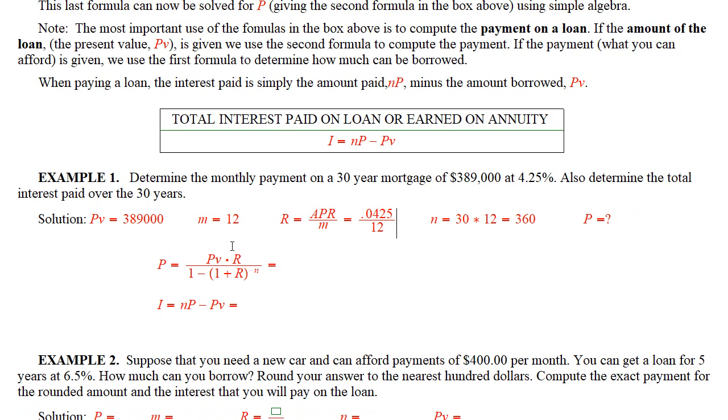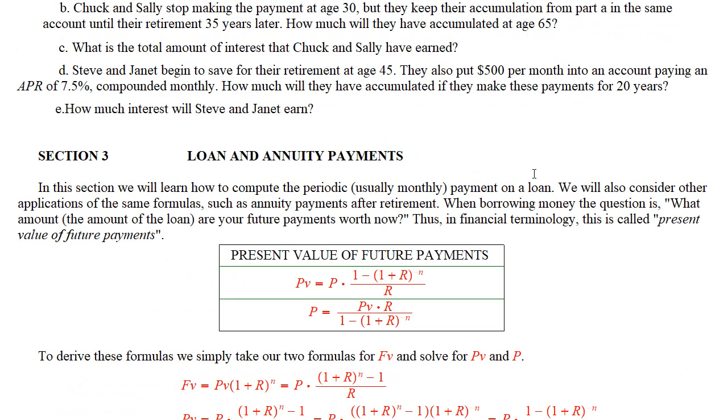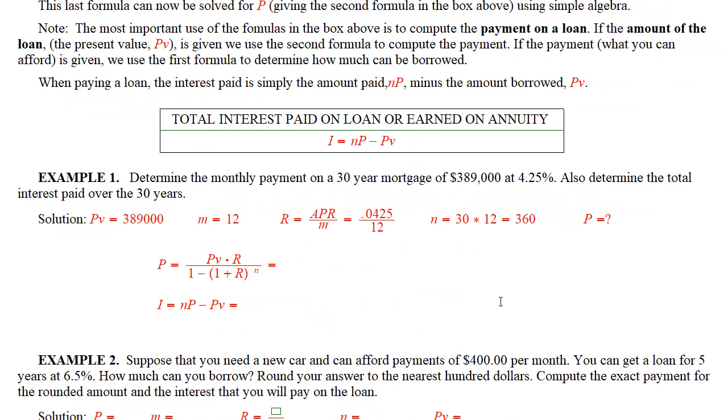So here's the formula we want to solve for, because it's asking for the payment. So that is this formula here, second one, P equals. And in the numerator here, we want our PV, which is the 389,000.